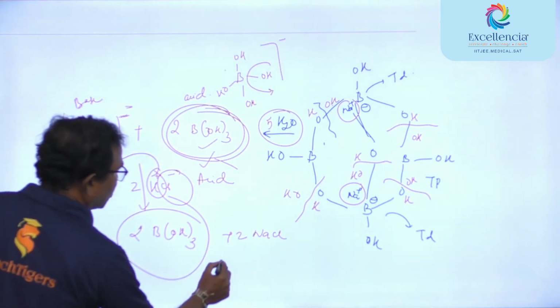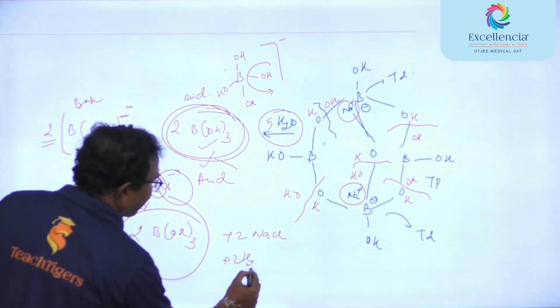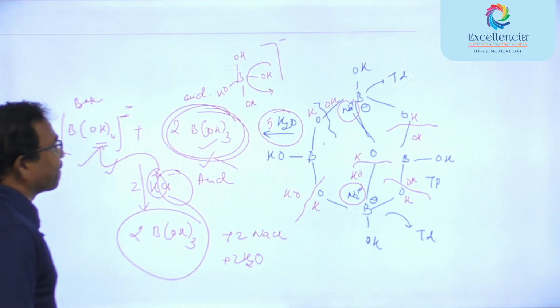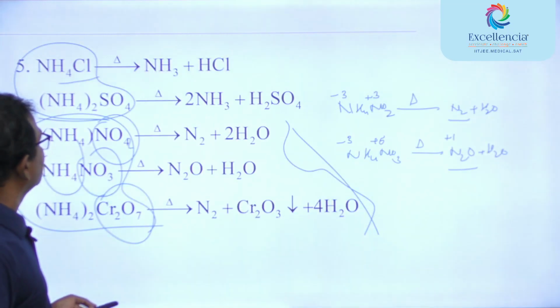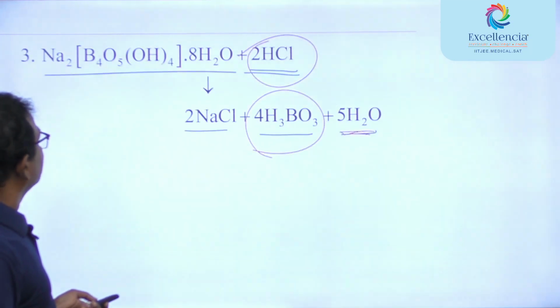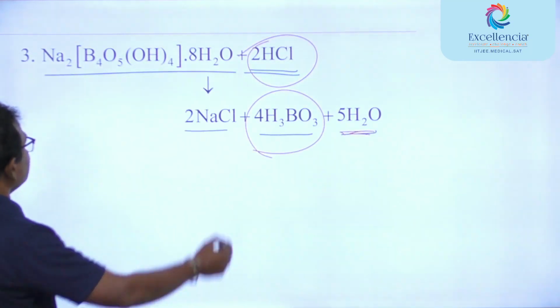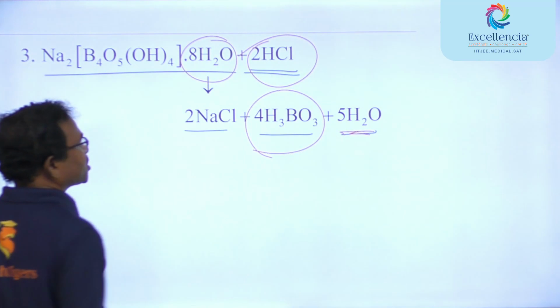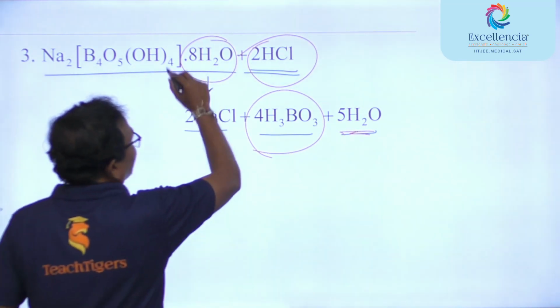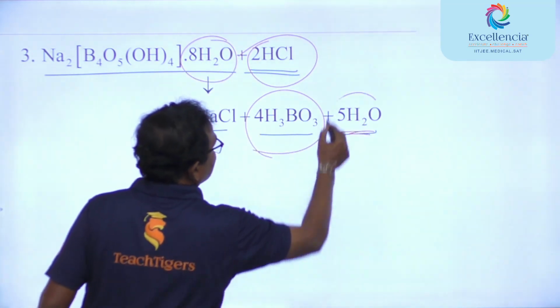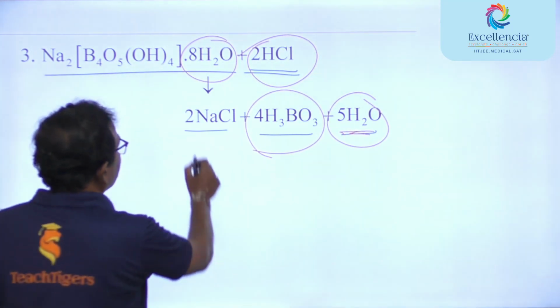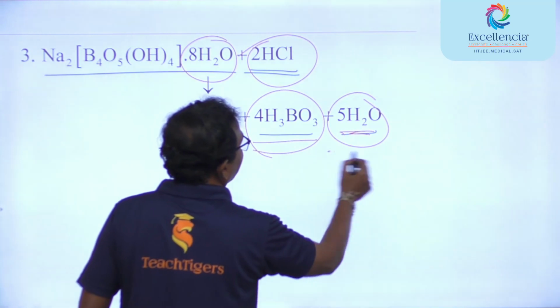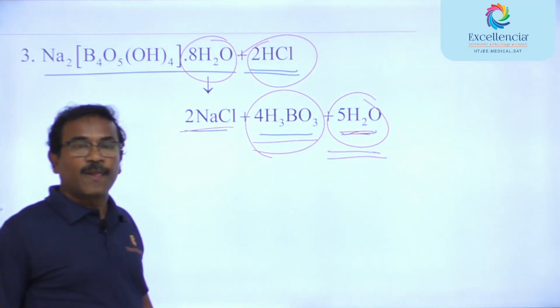You have 2 moles of water formed here. So what is the net change here? So these 8 waters, finally giving rise to 5 waters, means 3 are consumed. That's it. So therefore, NaCl, boric acid and water has to be explained this way, right?